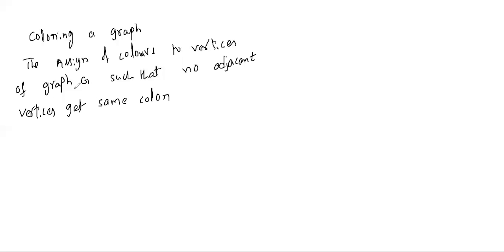Okay, so this is the coloring graph definition. The assignment of colors to vertices of a graph such that no two adjacent vertices get the same color. So you assign colors to the graph in such a way that side-by-side vertices don't get the same color. Adjacent means, for example, A and B, the A vertex and the B vertex. These both must get different colors, not the same color.